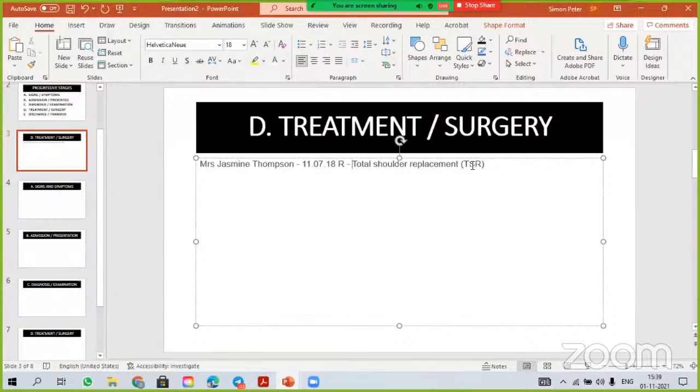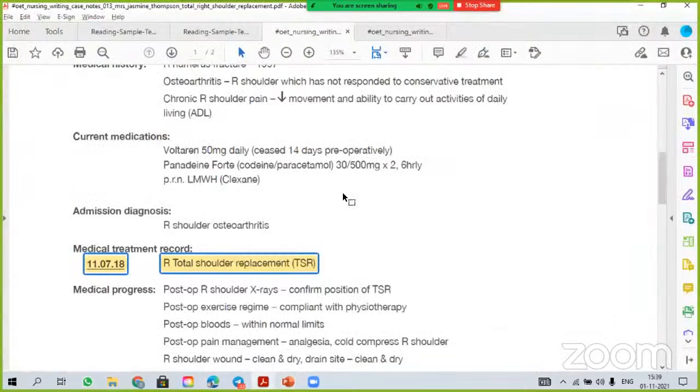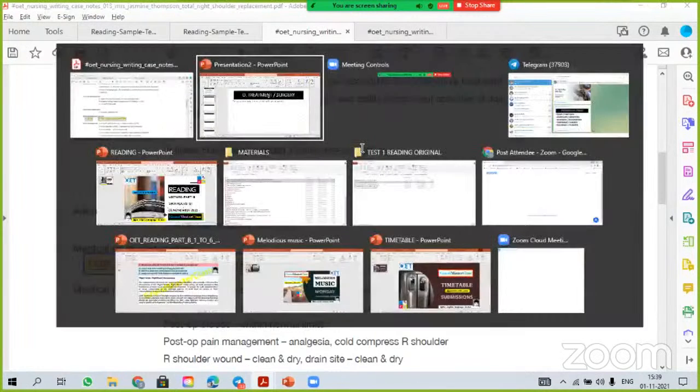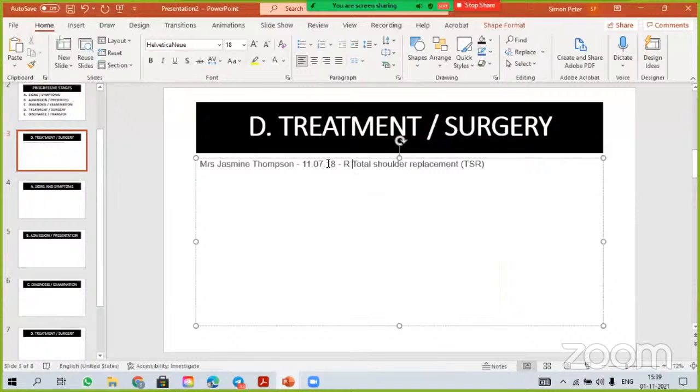TSR, total shoulder replacement. We can see here, right total shoulder replacement, 11/7/2018. So how I am creating the sentence, you see.